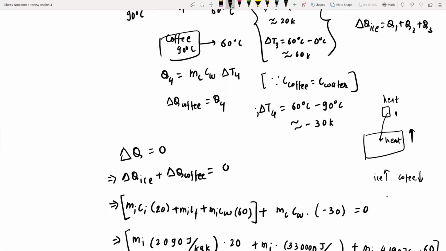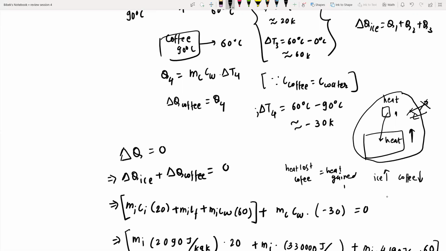Since this is an isolated system, we are not supposing that heat is lost to the environment. There is no loss of heat to the environment or any other losses. That means heat lost by coffee has to be equal to the heat gained by ice. So this is a conservation of energy.